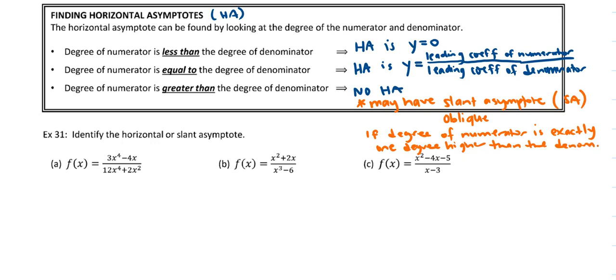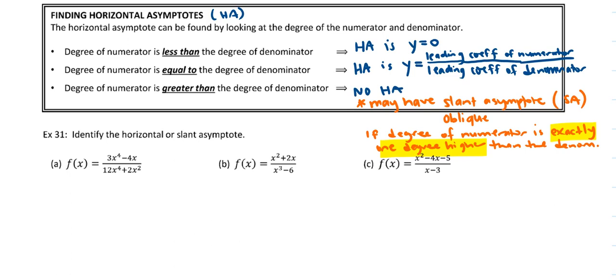I'll see if we can show that in one of the examples below so that we can really talk about what that means. And it has to be exactly 1 degree higher than that of the denominator. So let's see if any of these 3 cases give us that.